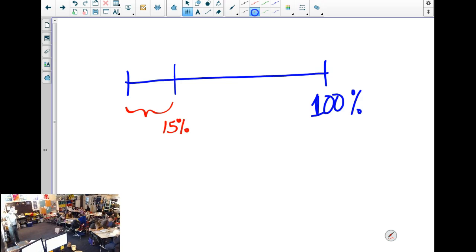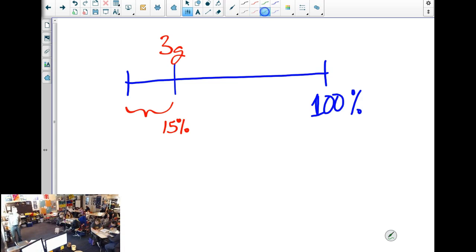How many grams would go up here to correspond to our 15% amount? 3, right? If we're still talking about that saturated fat. Now, Sky, we're actually going to take your method here.